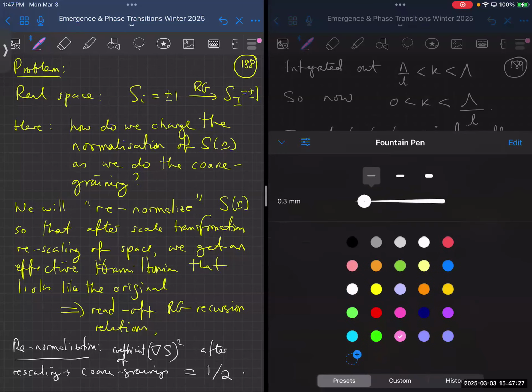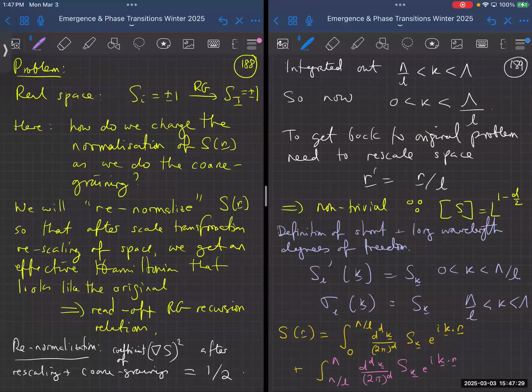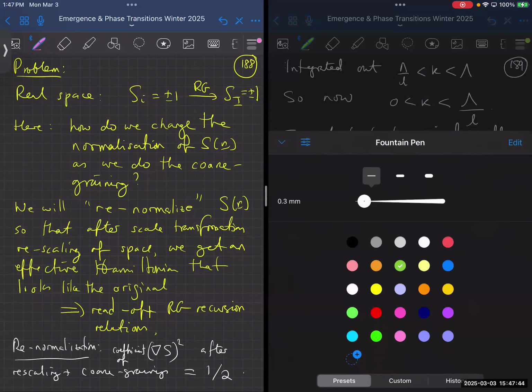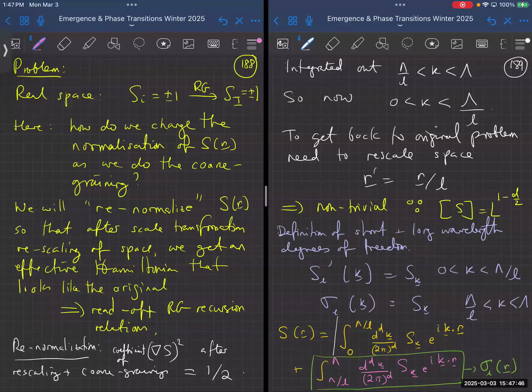These variables here, that's going to be my sigma L of R, and this variable up here, this variable is going to be what I called S L prime of R before.